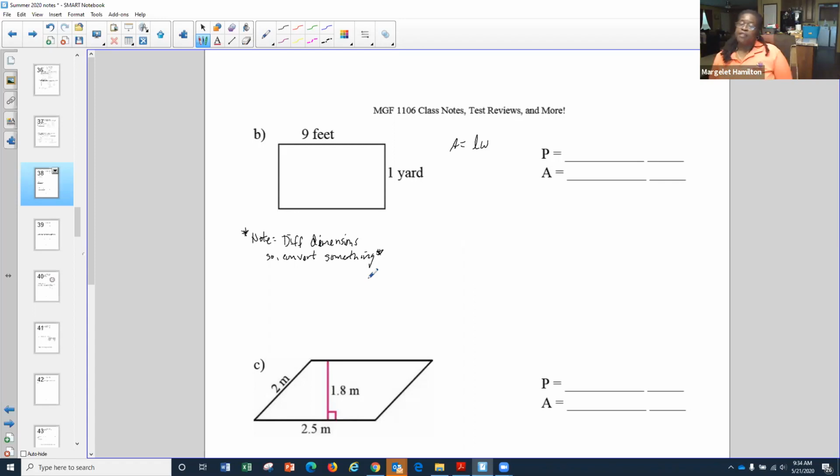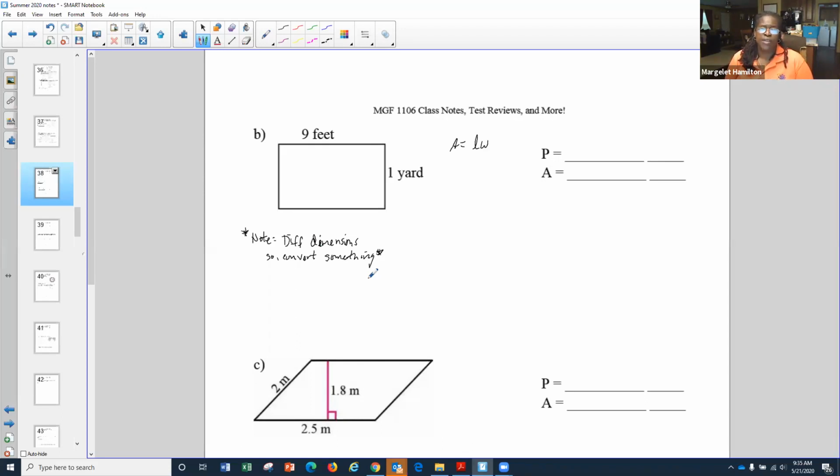Now, follow the problem. They might ask you to solve for a price for something. They may actually guide you to determine which one you change, depending on their question. Here we can go from feet to yards or yards to feet.